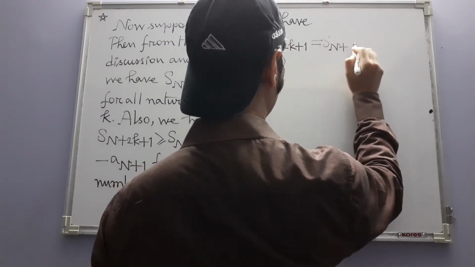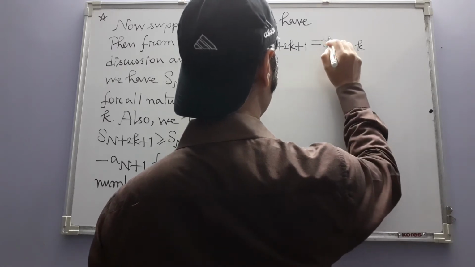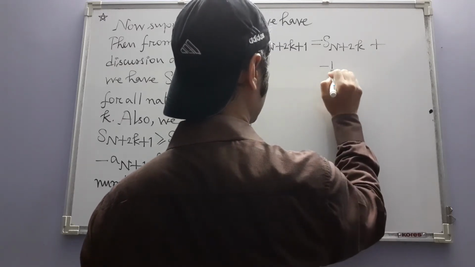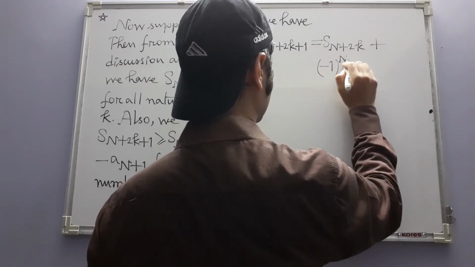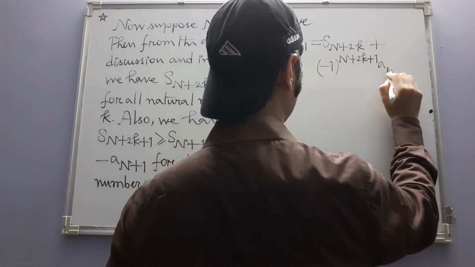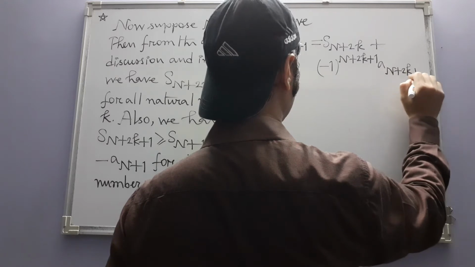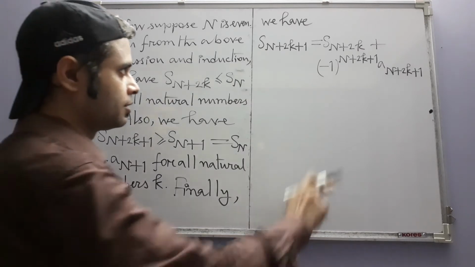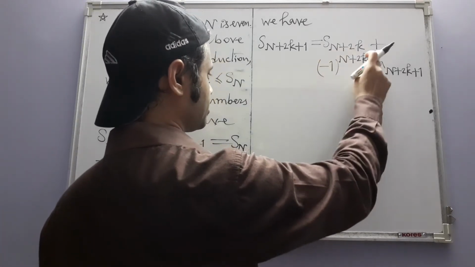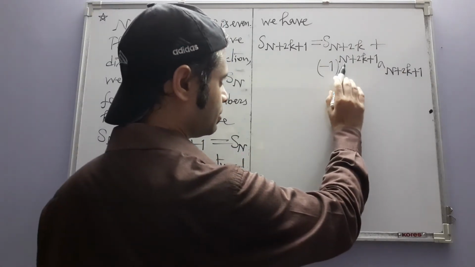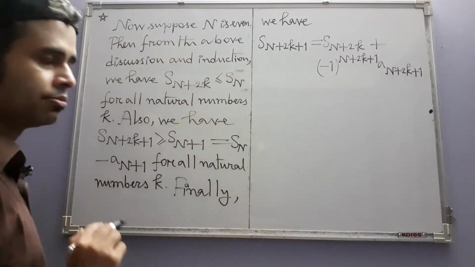S_{n+2k} plus, by applying the meaning of S_{n+2k+1}, we go till n plus 2k and then one extra term. Again, because n is even, n plus 2k plus 1 is going to be odd.